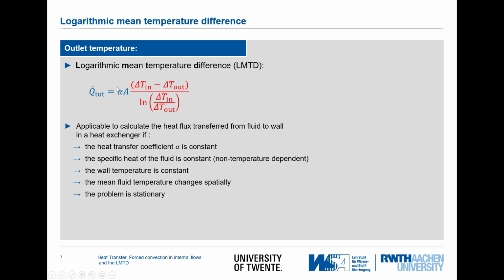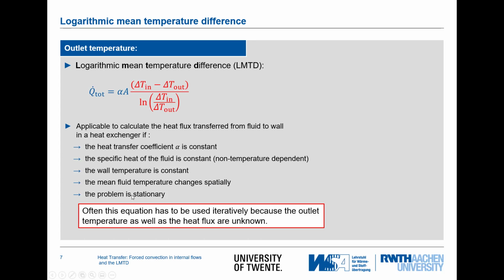Requirements are, of course, that the heat transfer coefficient alpha is constant and that the specific heat of the fluid is constant, so there are no temperature dependencies in the fluid properties. The wall temperature is constant and the mean fluid temperature changes over the length. So this is the internal flow configuration, and of course the problem is stationary. Often this equation has to be used iteratively because there are two unknowns, the outlet temperature as well as the heat flux.